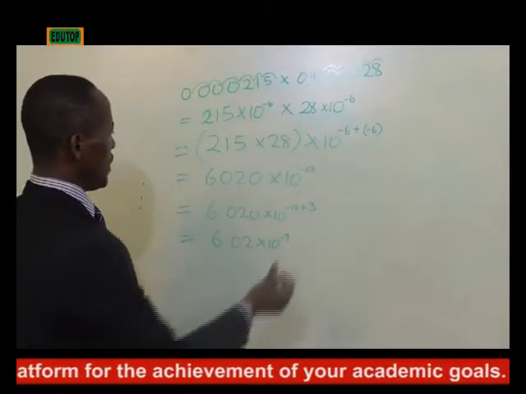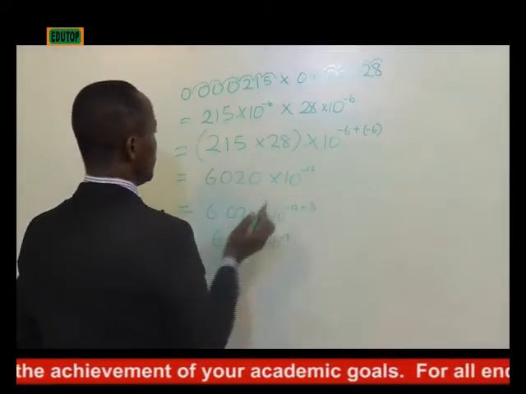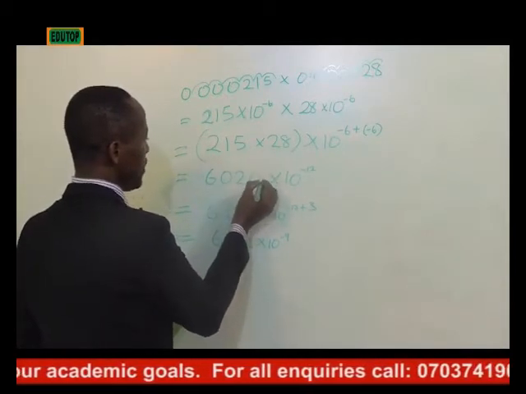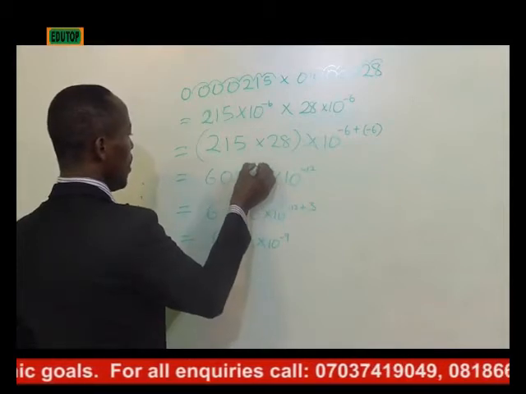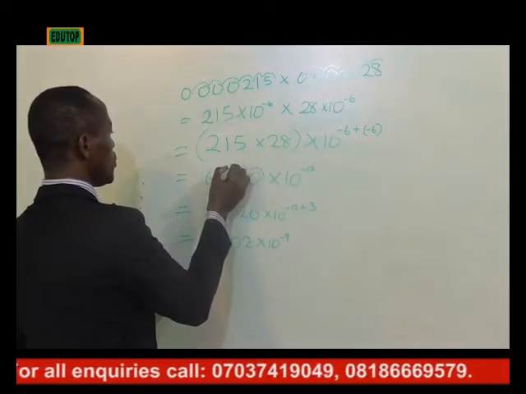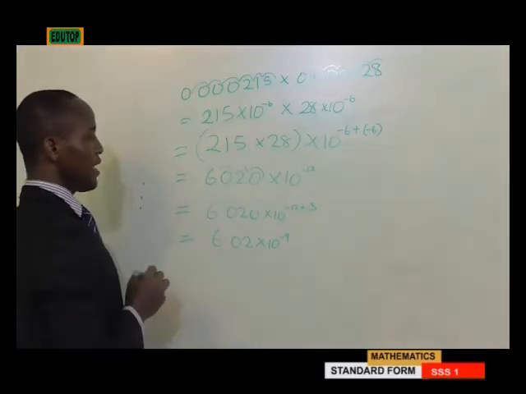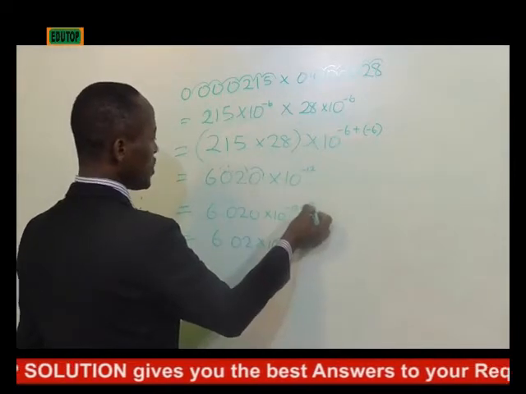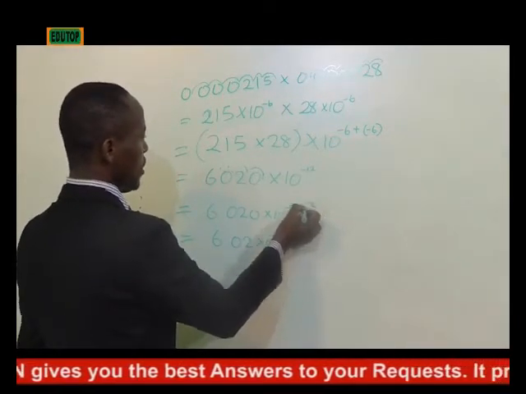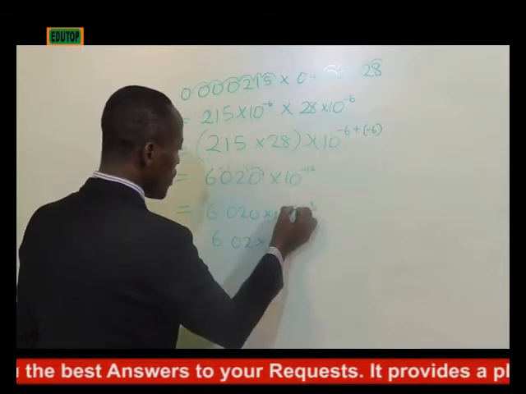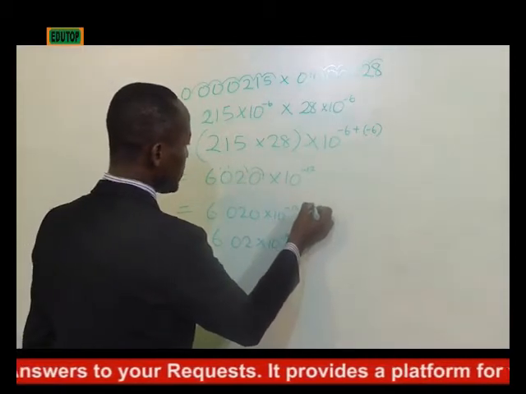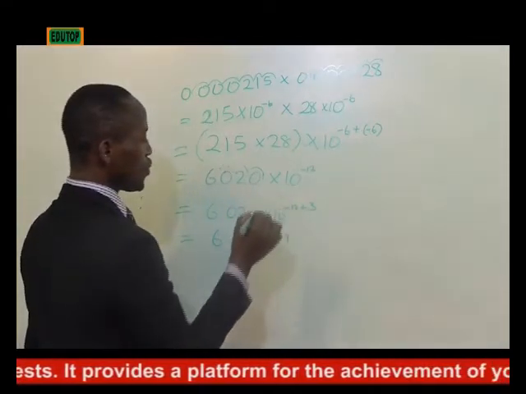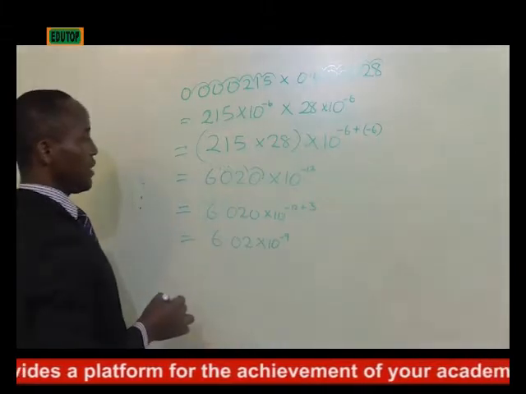Now, you might be wondering how I got this 3. Our decimal point is imaginarily at the end, so I shifted it 1, 2, 3. I shifted it 3 times, which gives me the power of 10, which is 3. That's the reason why I said minus 12 plus 3, which is the same thing as 10 raised to the power minus 12 times 10 raised to the power 3.